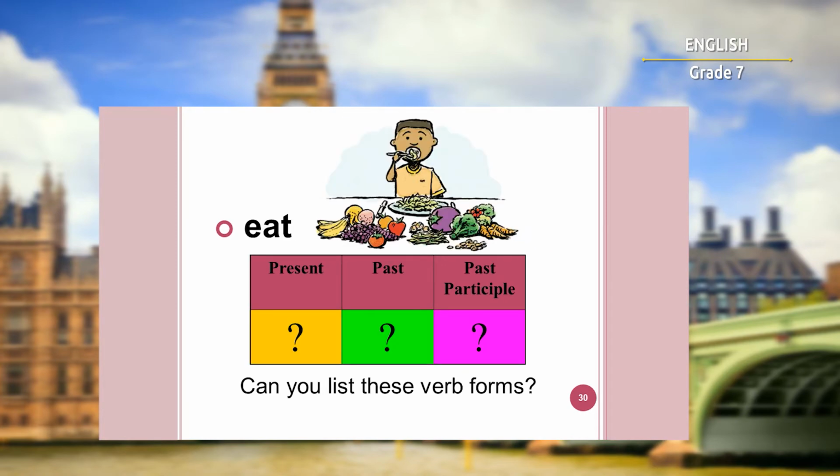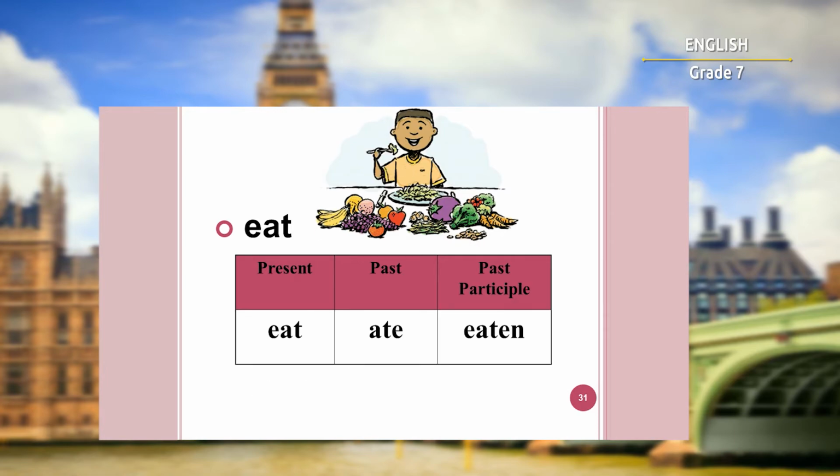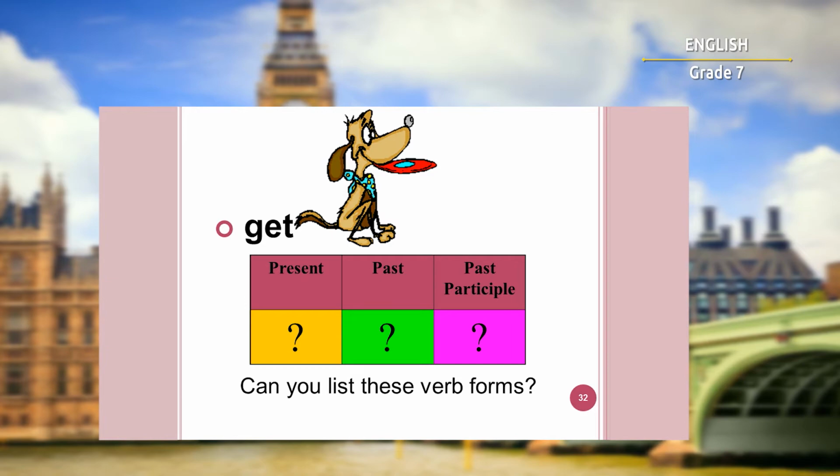The verb eat. Can you list these verb forms? Good job. The answer is eat, ate, eaten. And let's do the last one.